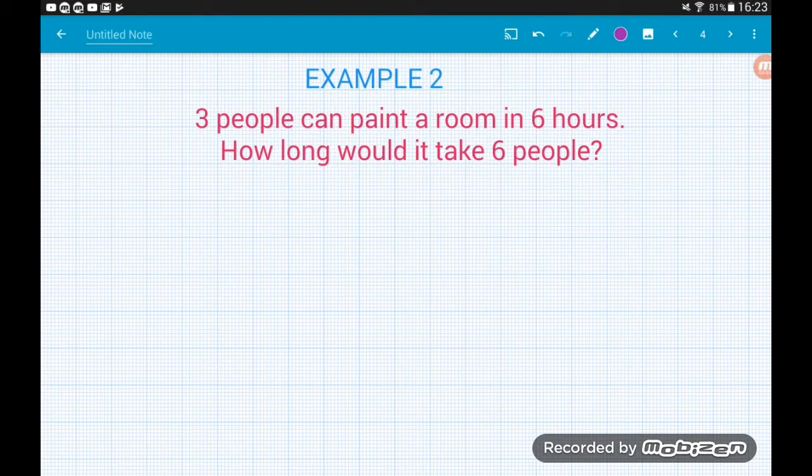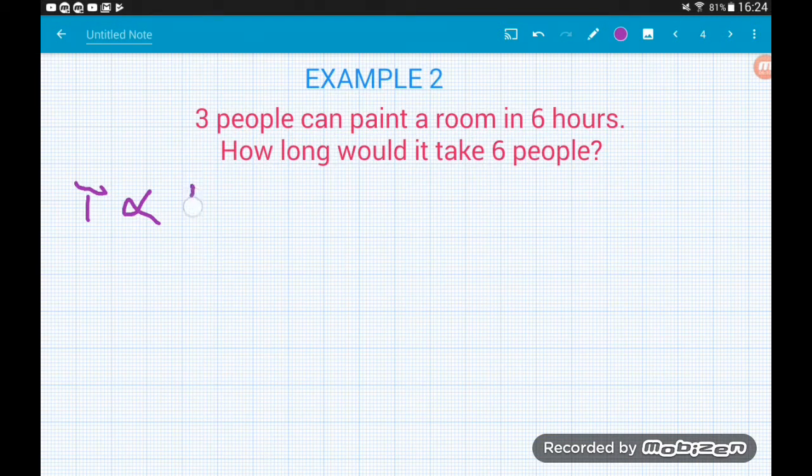So if we call the time t, now we can assume by our common sense that if we have more people doing the same job, it's going to take them less time. So it's an inversely proportional question because the time is inversely proportional to the number of people painting.